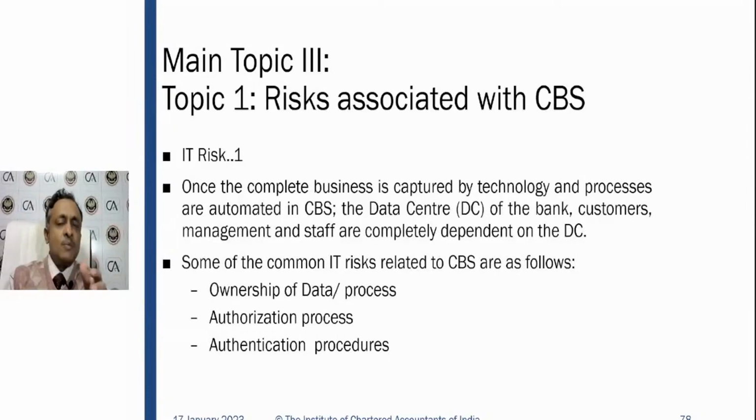In fact, now that instance is low, but 5 years back, if you went to the bank, sometimes there was a placard displayed: network not available, bank branch is not working.